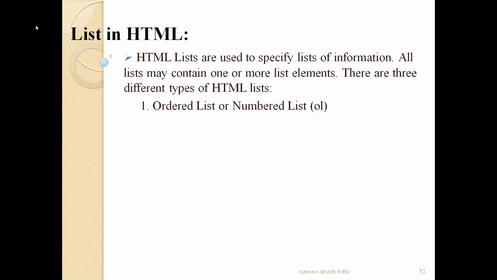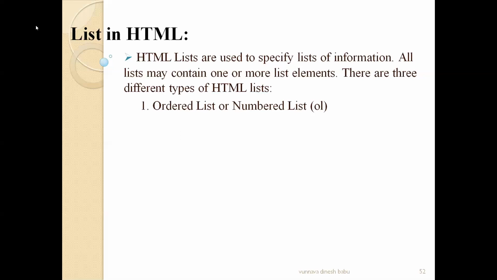The first type of list specifies that the list may contain some numbers with some order. The list may contain numbers like 1, 2, 3, 4, or the list may contain A, B, C, D, or the list may contain Roman numbers. So this type of list is called an ordered list.